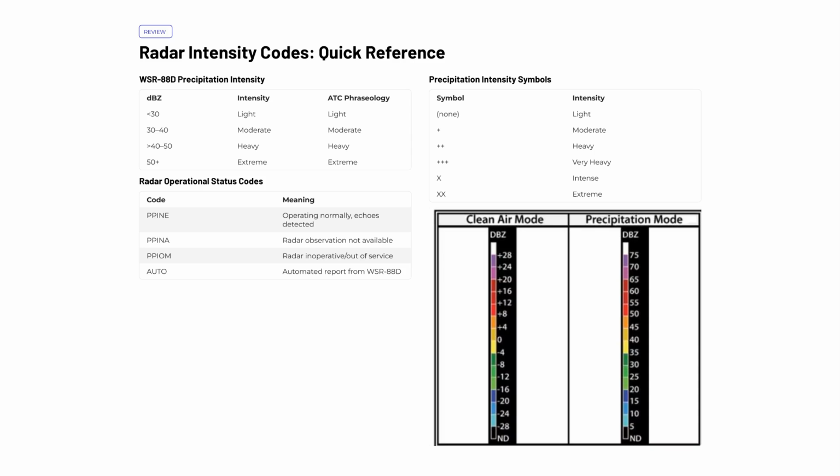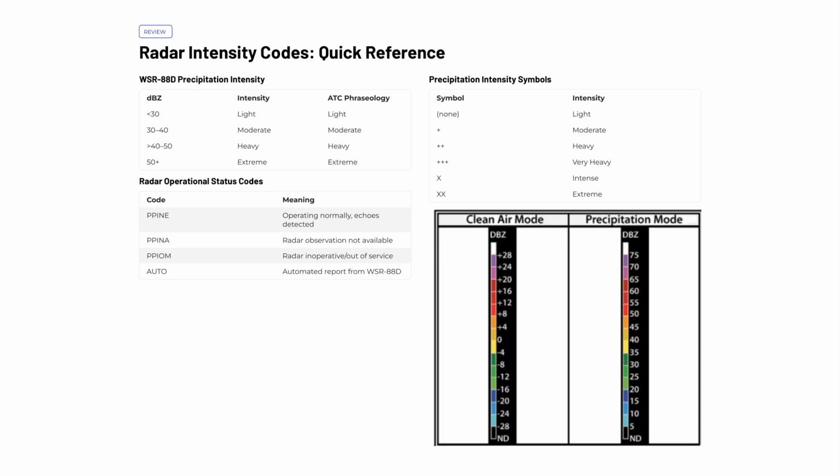Regarding operational status codes, PPIN means the radar is operating normally and echoes have been detected. PPIN-A indicates the observation is not available, and PPIM means the radar is inoperative or out of service. The auto code identifies an automated report from a WSR-88D system.